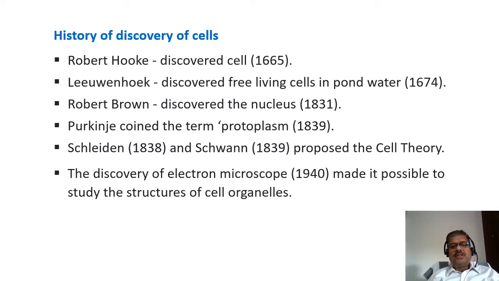Purkinje coined the term protoplasm in 1839. Schleiden and Schwann proposed a theory called cell theory. The discovery of the electron microscope in 1940 made it possible to study the structures of cell organelles.